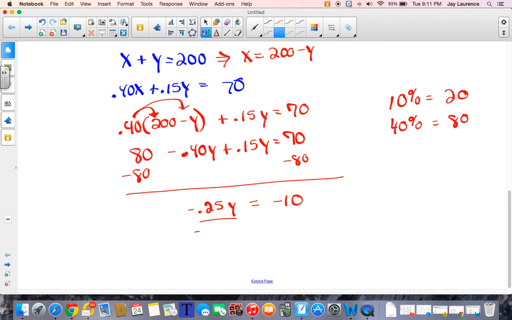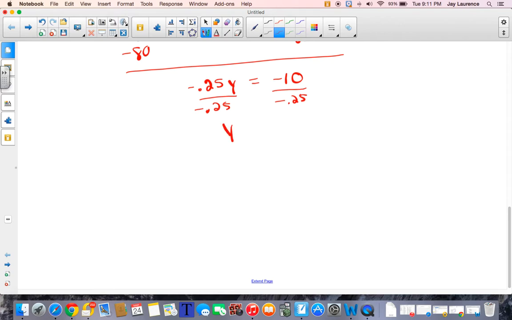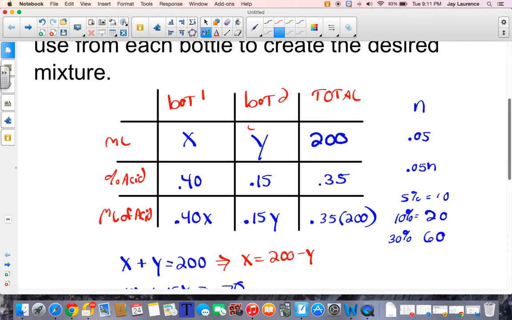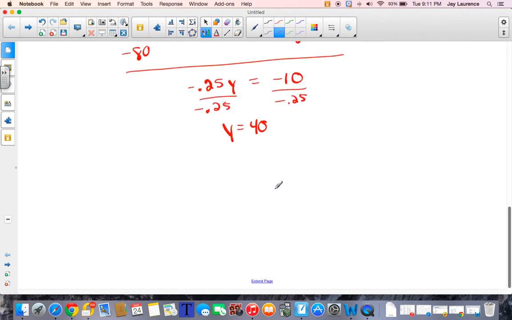If I divide by negative 1/4 like this, that would tell me that y is going to equal 40. So, in other words, I'm going to need 40 milliliters from bottle 2. Then, getting the amount of milliliters from bottle 1 is easy because I'll just do x equals 200 minus 40, which of course is 160.